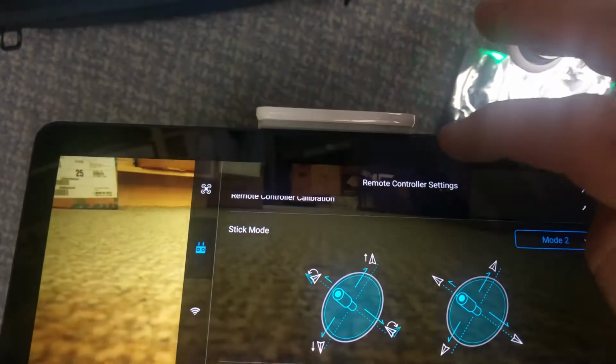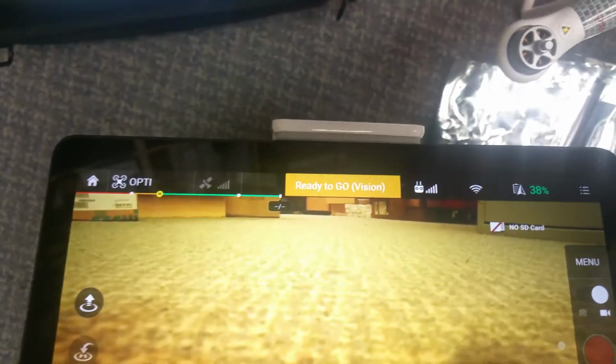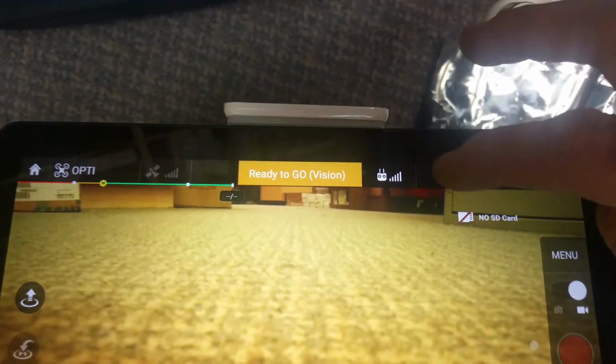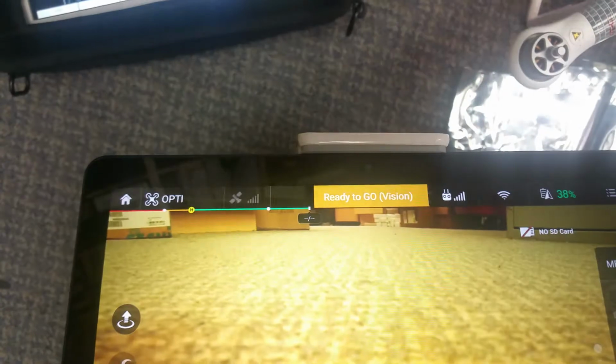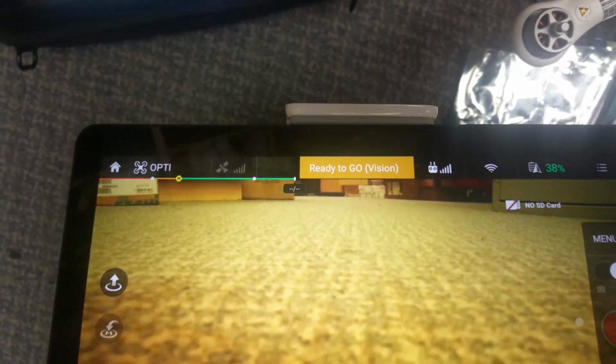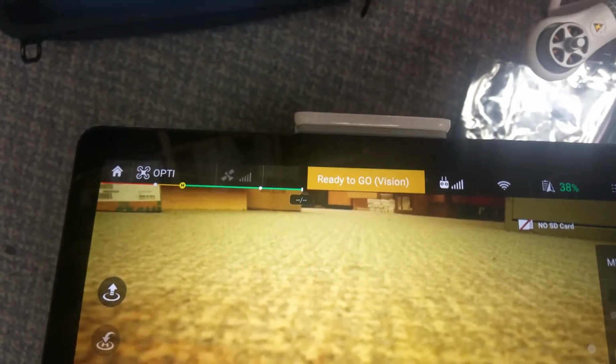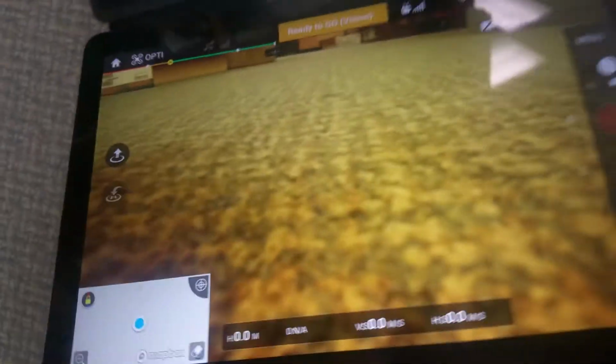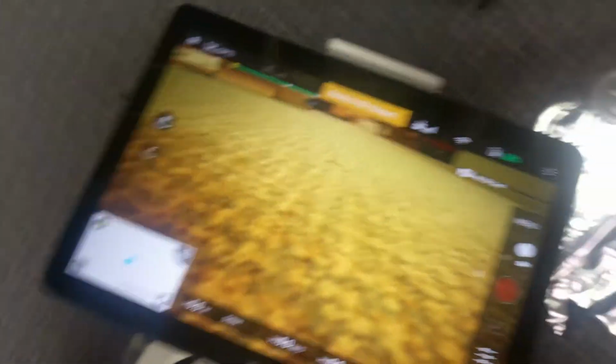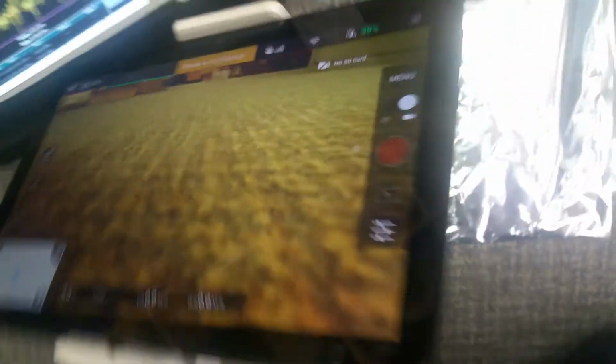This is the remote control signal level, and this is the video downlink signal level. But they said in the Go app it said Wi-Fi, which is true, because the video link is digital, and it comes through the IP network.